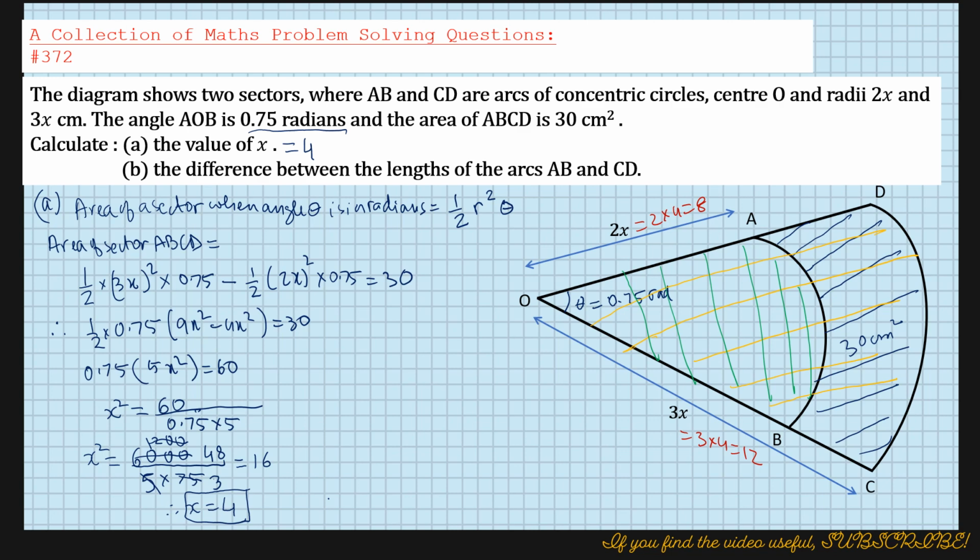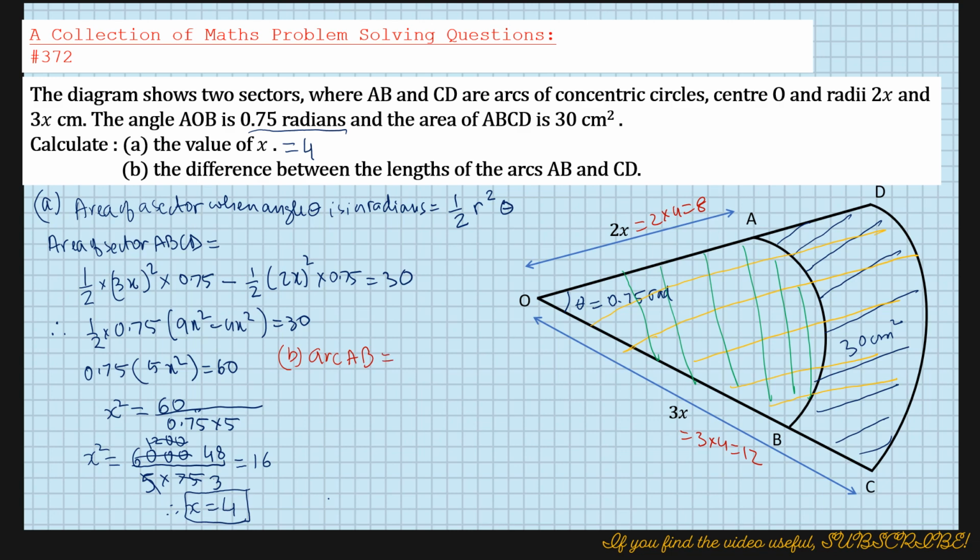For the B part, here it's not area, it's the perimeter or the circumference. In terms of angle it's 2 pi r, but when it is in radians, it's just r theta. So the arc length would be r times theta.